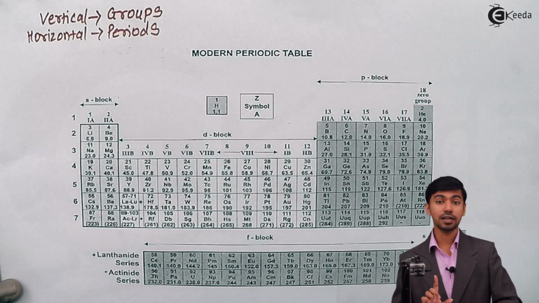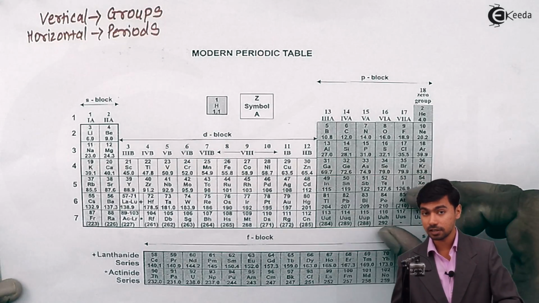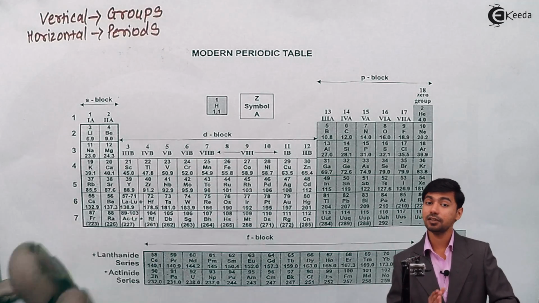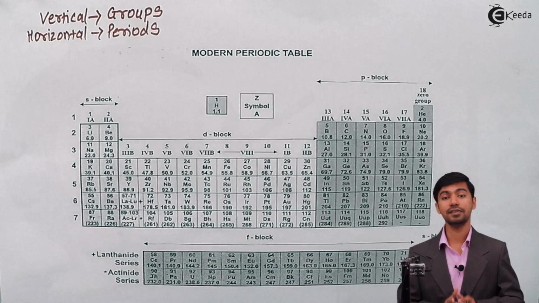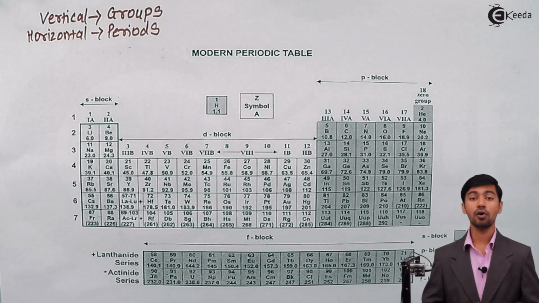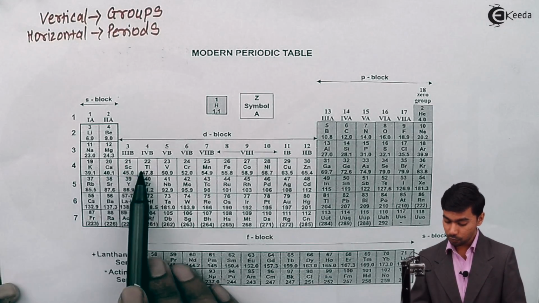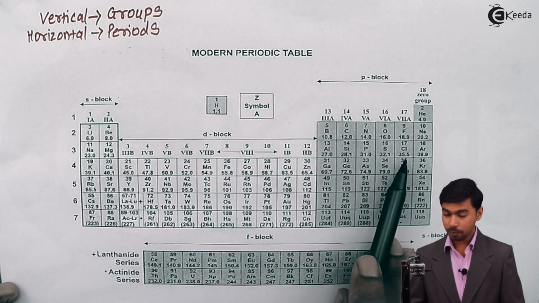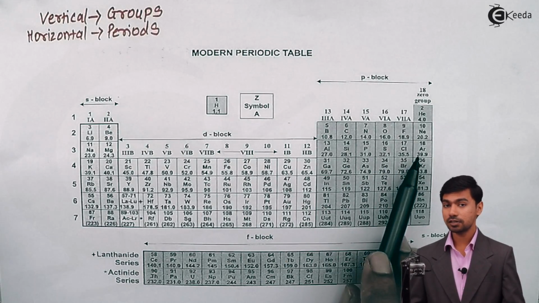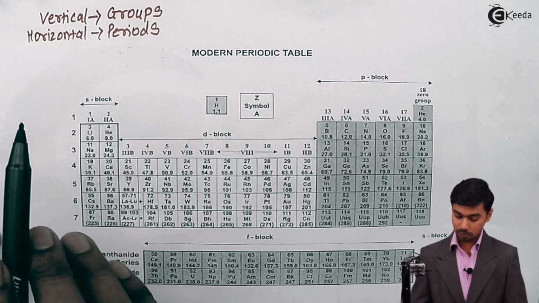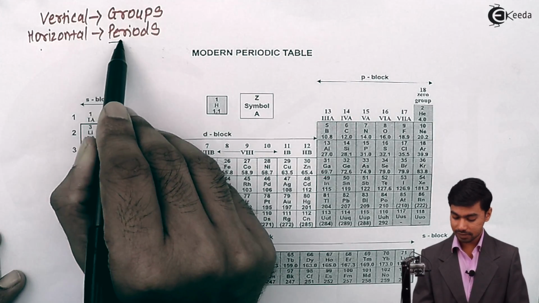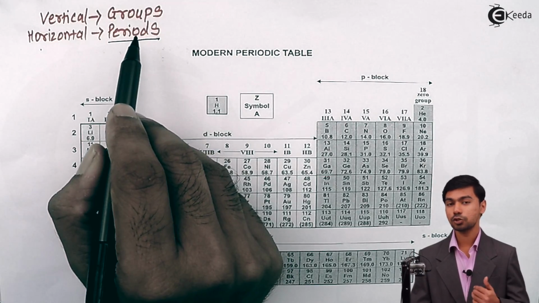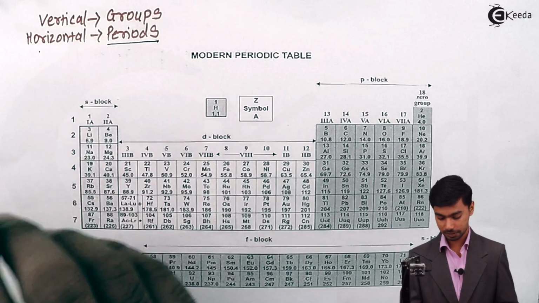This repetition can only happen horizontally. It does not happen vertically, because vertically they all have similar properties. But horizontally, the properties keep changing after a regular interval. So that is why the horizontal lines are called periods, because they show periodic changes in the properties.